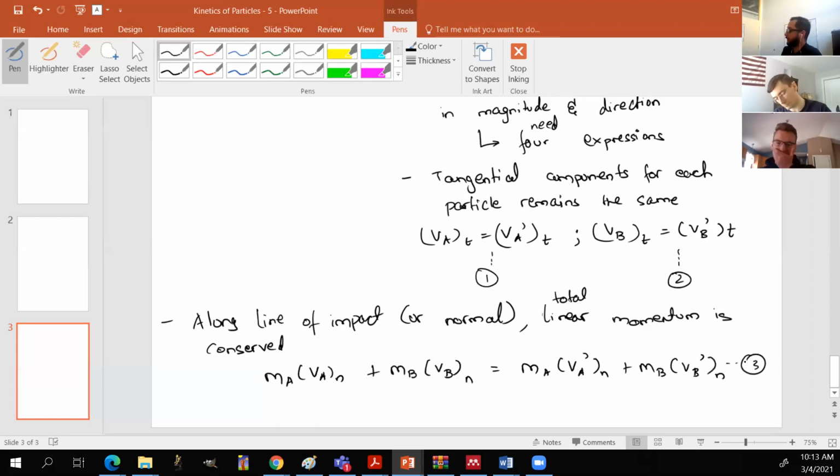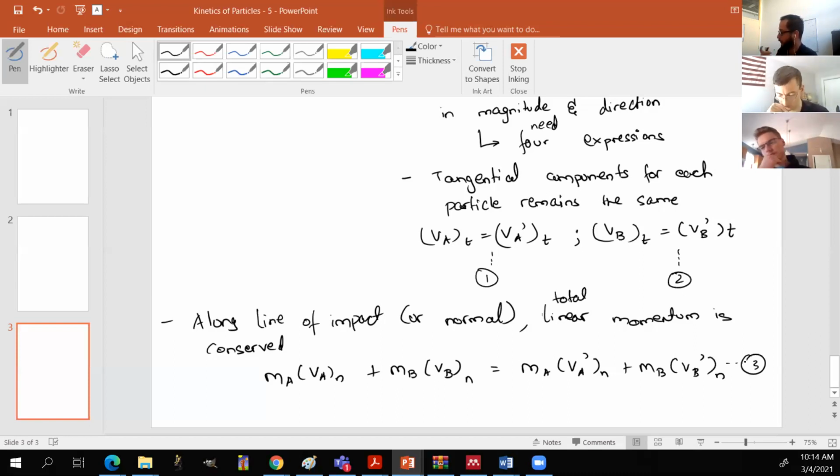And that gives me my third expression. I still need one more. That comes from either conservation of energy when you're looking at a perfectly elastic impact, or the problem will tell you what the coefficient of restitution is. And that's going to be your fourth expression.